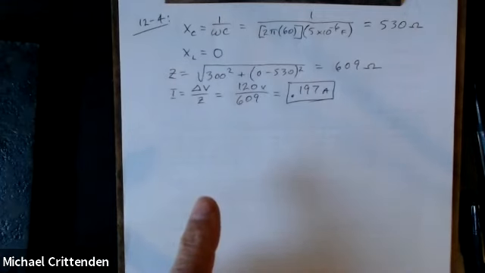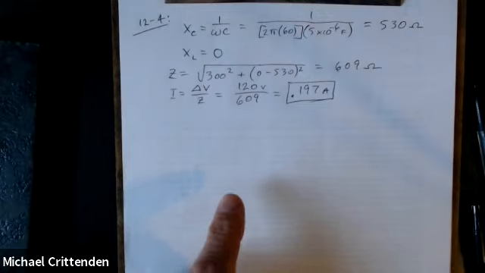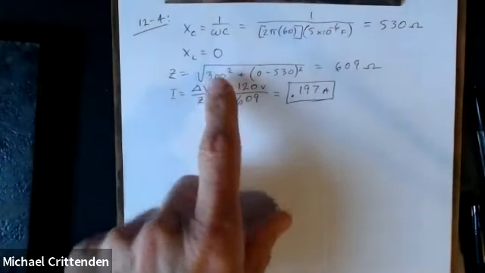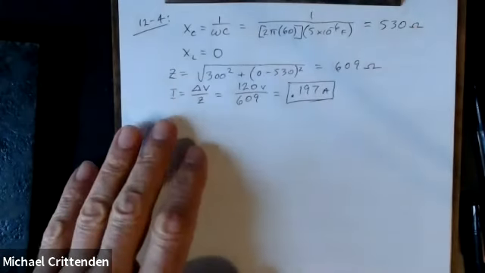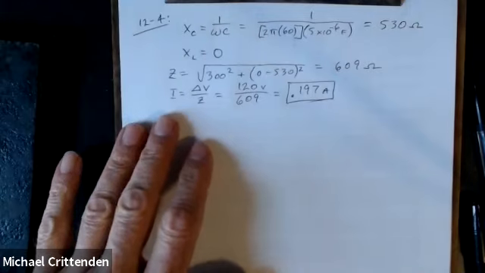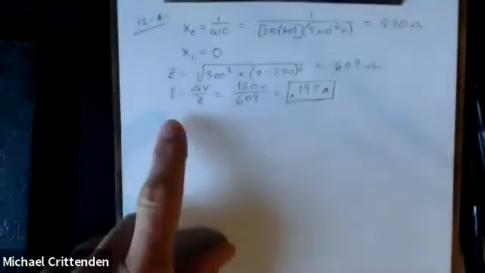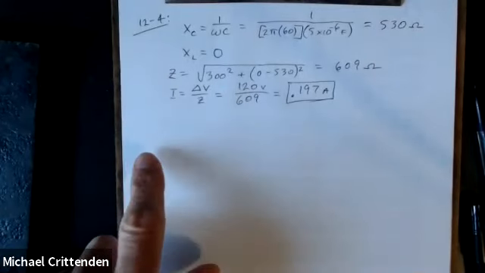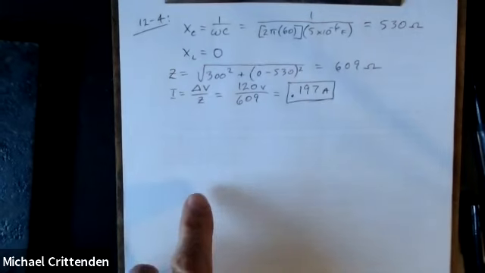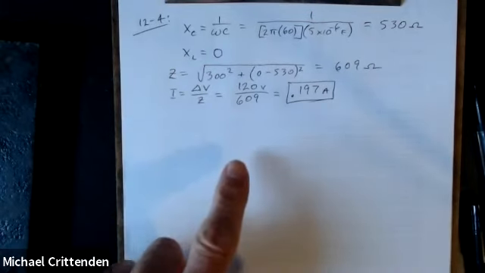When you get to lab number 12, you need to do a similar type of calculation, except XL will not be 0. You'll have an inductor to include in all of this. Then once you know the current, there's a few more steps. You're supposed to calculate the voltage for the resistor, the inductor, and the capacitor. Voltage across the resistor is IR.